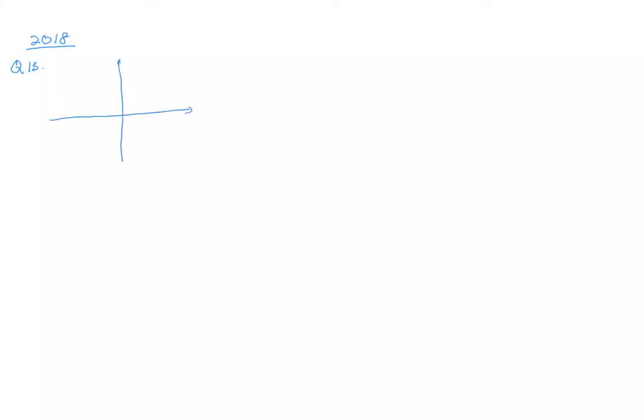Whenever you want to solve a trigo equation, for example, I say sin 2x equal to negative half, with x between 0 and 2 pi.